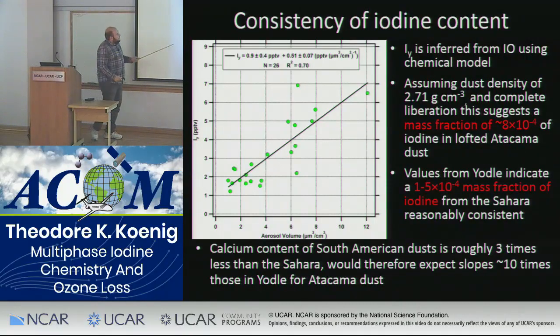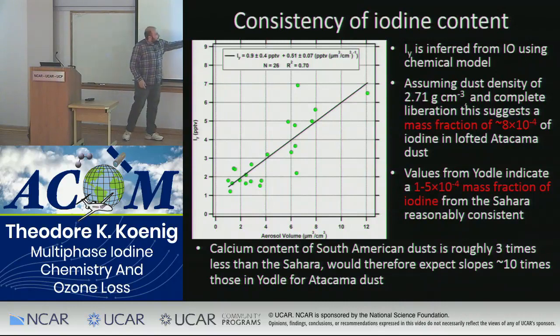So looking at that, I instead get the IY here instead of the IO. This is, roughly speaking, showing the same overall trend. And I'm going to make a lot of assumptions to try and get some kind of meaningful number I can compare out of this. So the first is I'm assuming the dust has a density of 2.7 grams per cubic centimeter roughly.